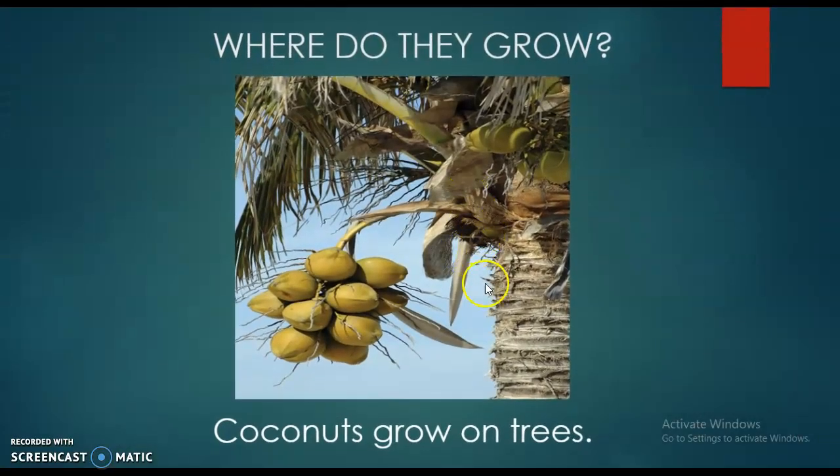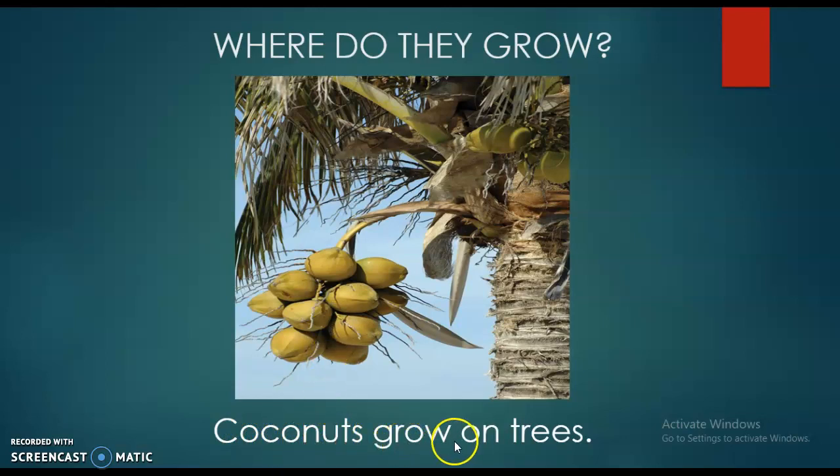Alright, first we want to look at coconuts. Okay, look at the question. Where do they grow? Di mana mereka tumbuh? Ataupun membesar di mana? Okay, so this picture is coconuts. C-O-C-O-N-U-T-S. Coconuts. Kelapa.